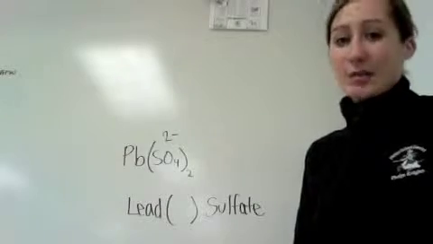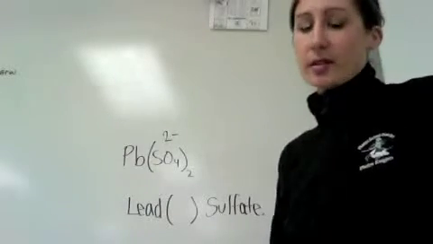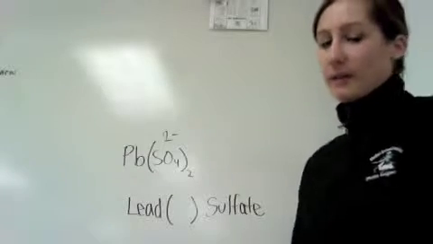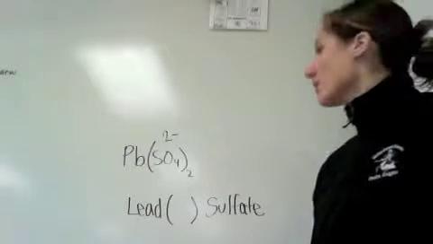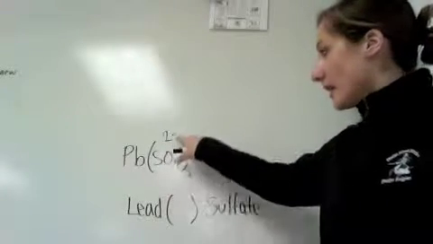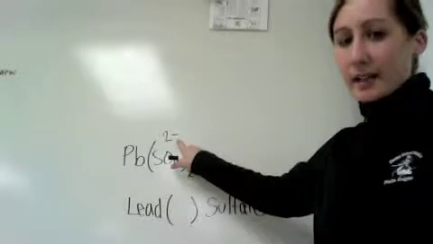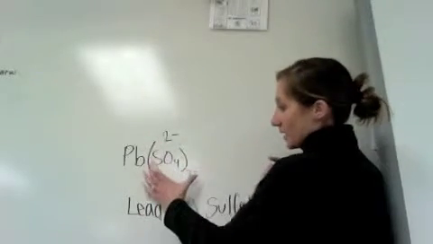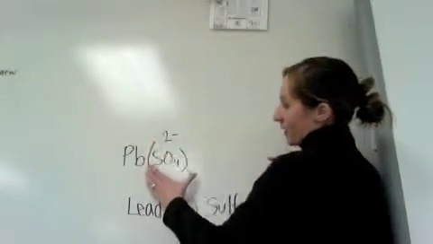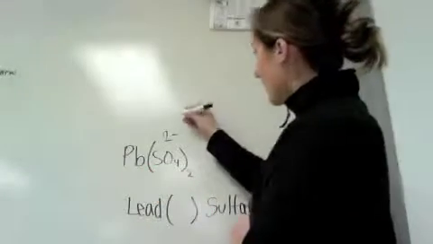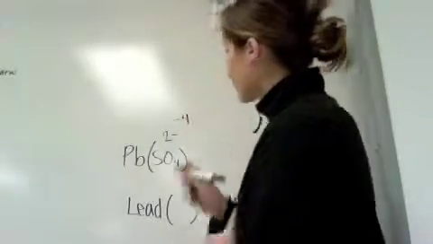Okay? This one is probably one of the trickier ones that you're going to have to do, but not hard enough that you can't figure it out. So if I have 2 sulfates and each has a charge of 2-, what would be the total charge of this section right here of the compound? It would be -4.